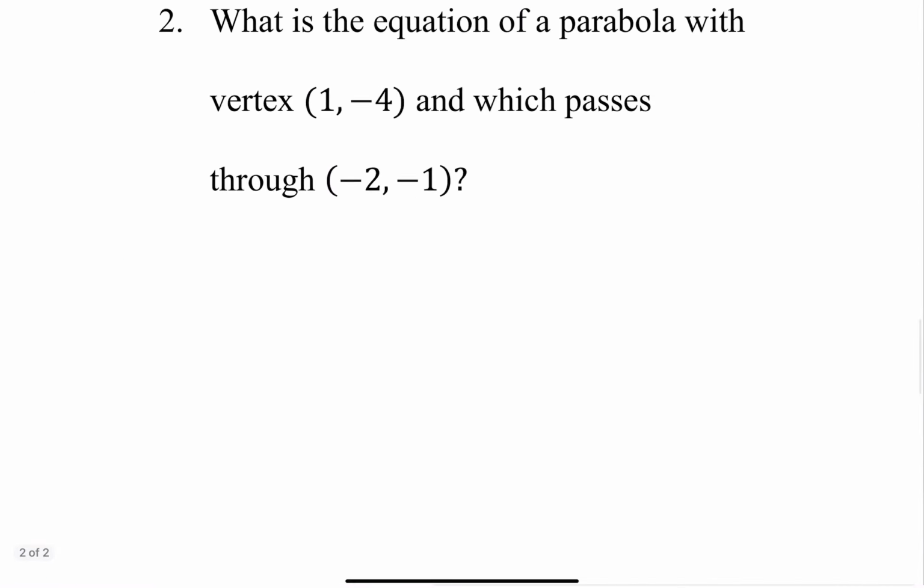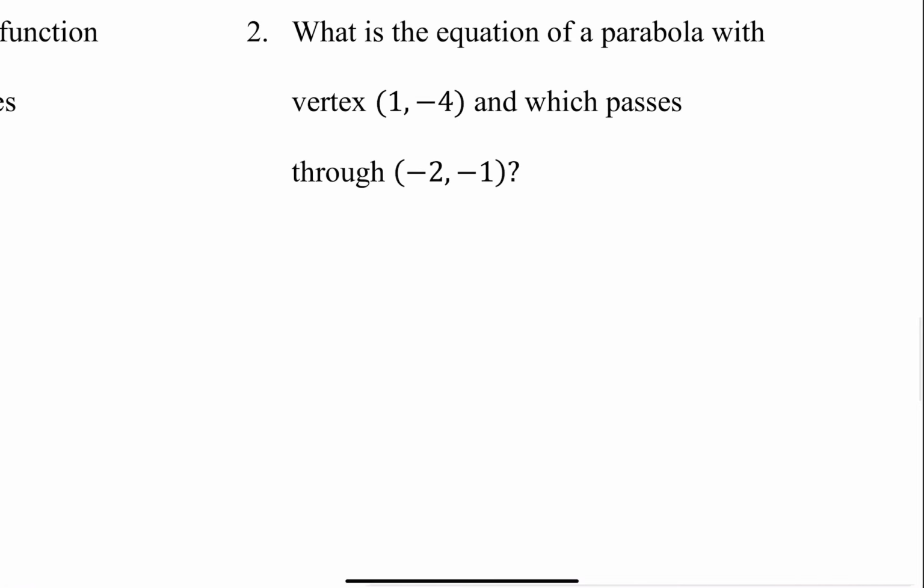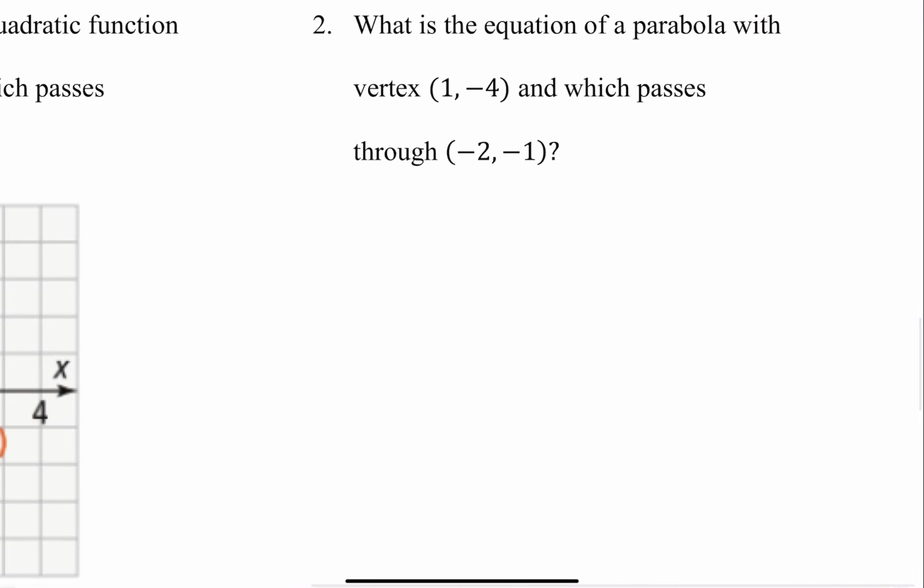Okay, let's try number 2. For number 2, what is the equation of a parabola with vertex 1, negative 4, and which passes through -2, -1? So again, class, we need the vertex and the point.